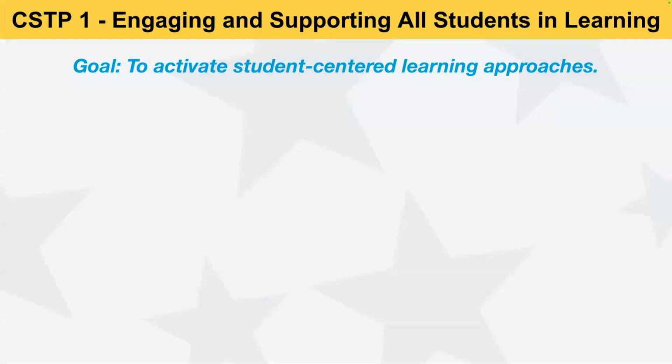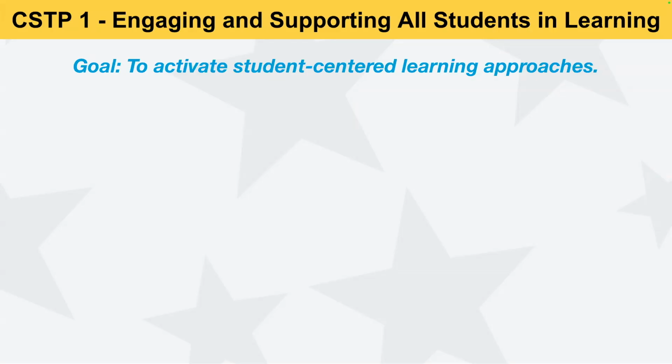CSTP 1 is about truly engaging and supporting every student. The 2024 updates emphasize a student-centered mindset, knowing who our students are, what they bring, and how we can help them thrive academically, socially, and emotionally.